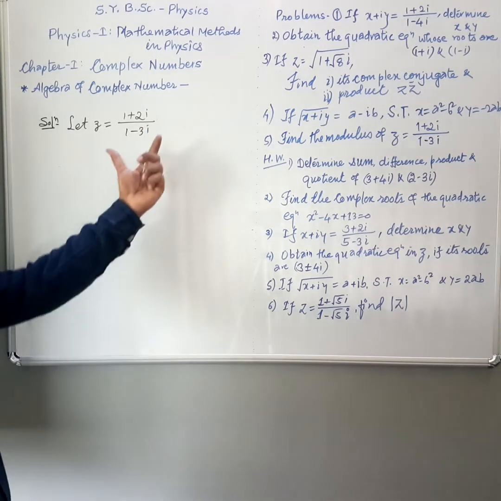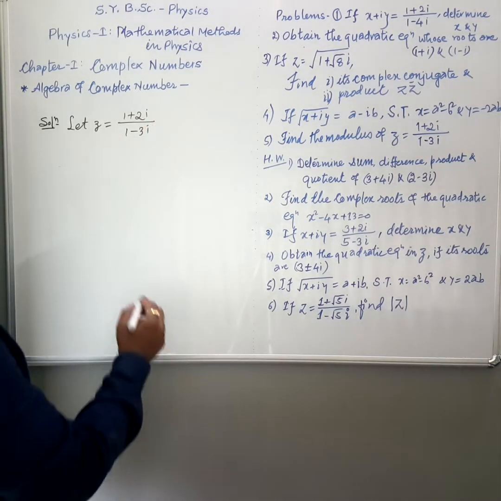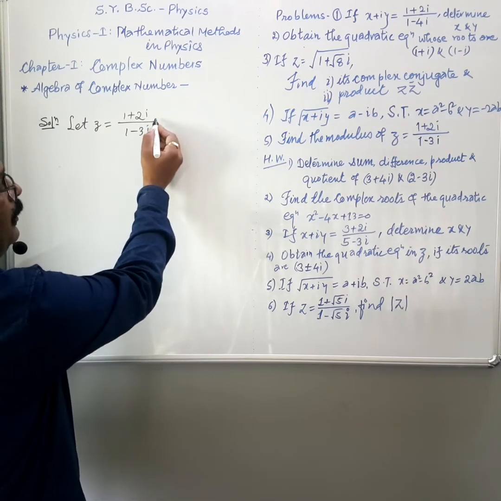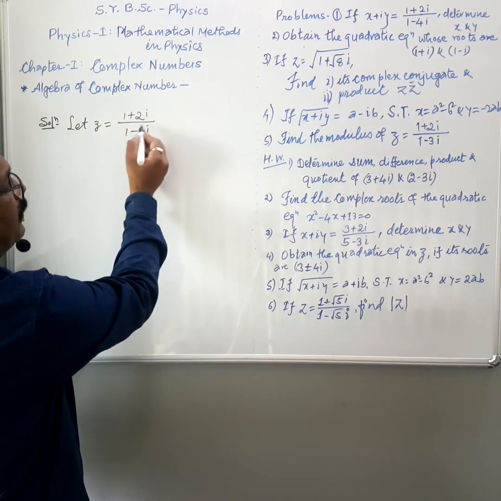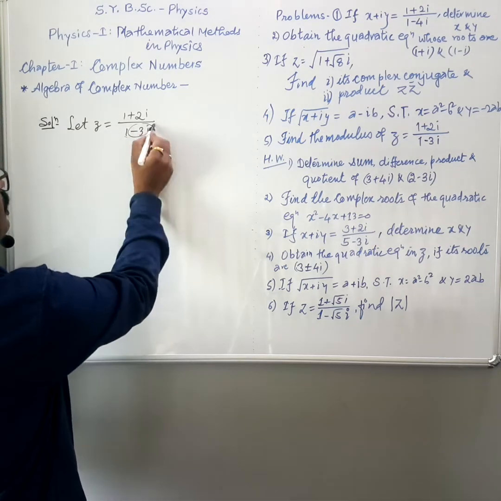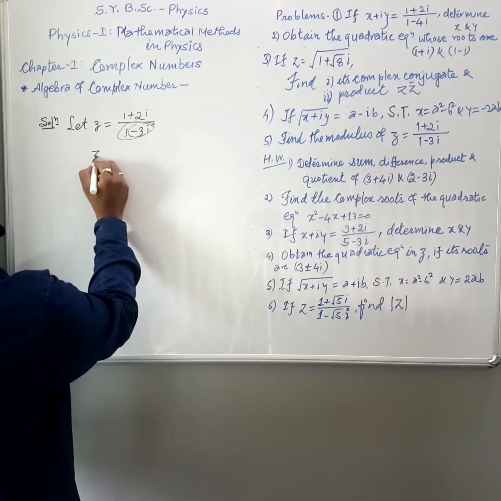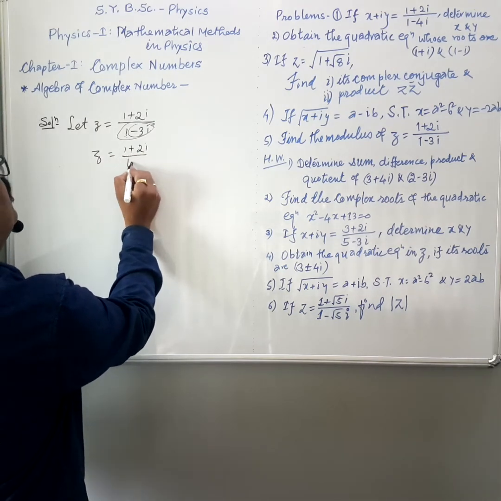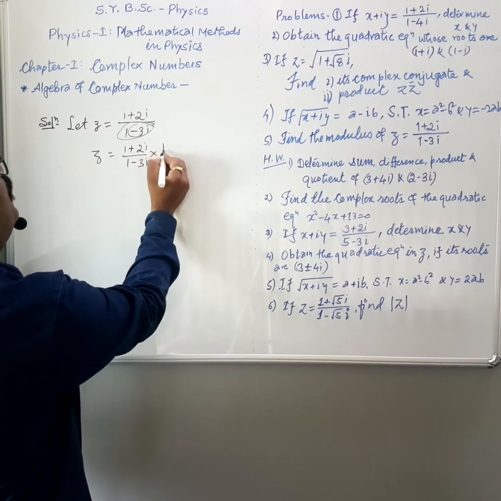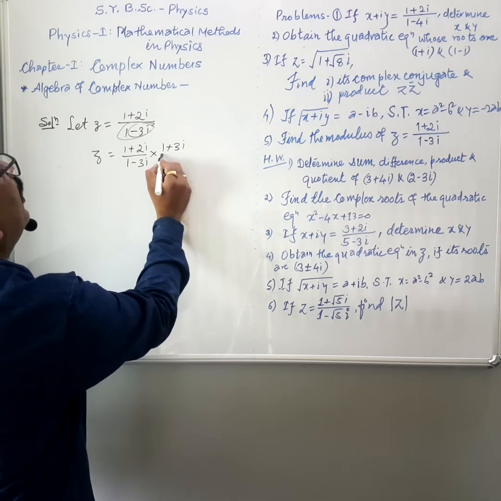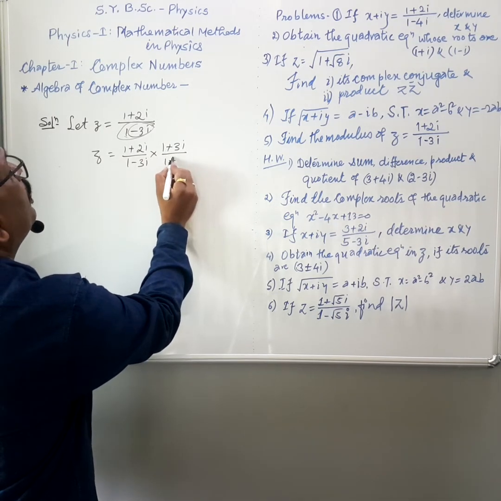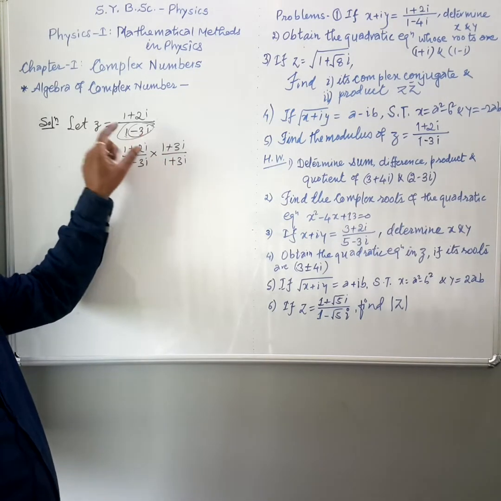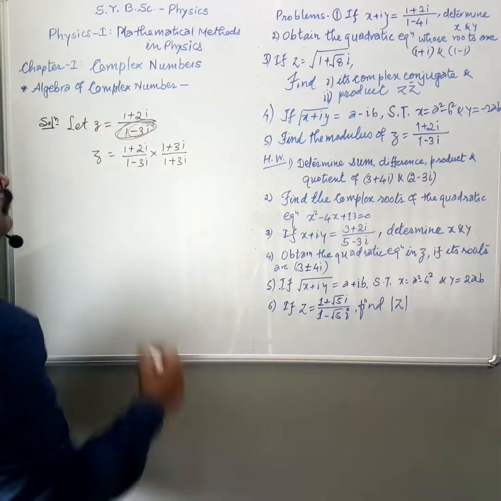In order to solve this division or quotient, we have to multiply and divide the RHS by the complex conjugate of this term. Therefore, z is equal to (1 plus 2i) upon (1 minus 3i) into (1 plus 3i) upon (1 plus 3i), where 1 plus 3i is the complex conjugate of this term.